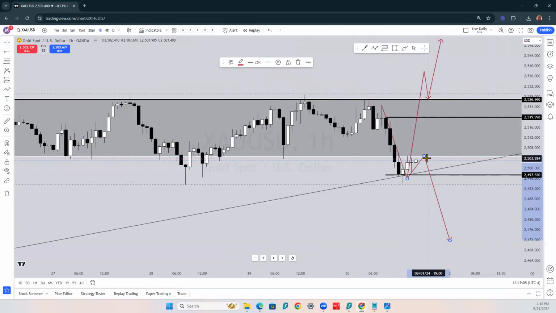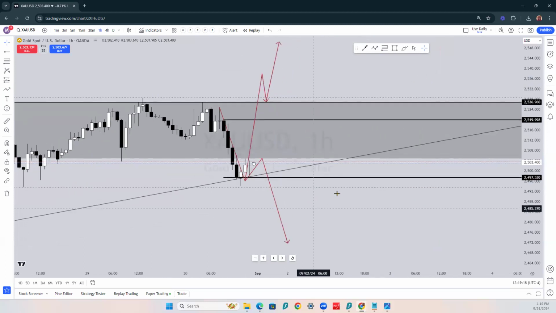It could go back up here and bounce off the bottom of this consolidation box, the breakout box, and trend lower. And what you'll be looking for is a candle that pretty much is going to give you an indication of what it's going to do.